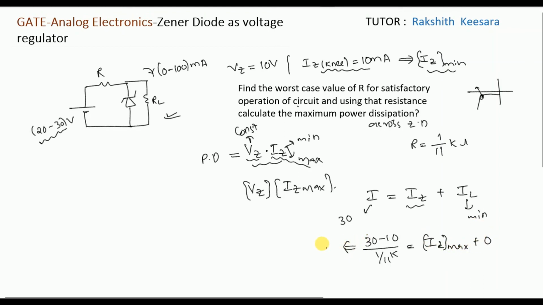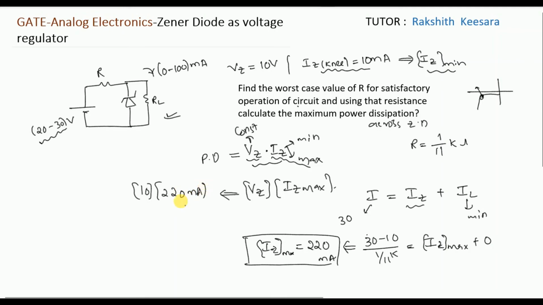From this, what am I getting? 30 minus 10 is 20, so IZ max is 220 milliampere. This is the value I am getting. So what will be the power dissipation? VZ, which is 10, into IZ max, which is 220 milliampere. So this is 2.2 watt.